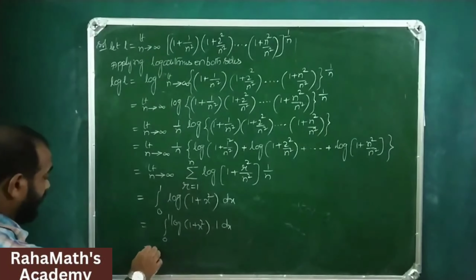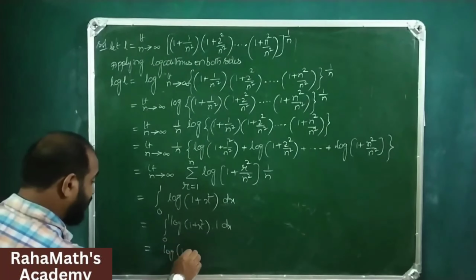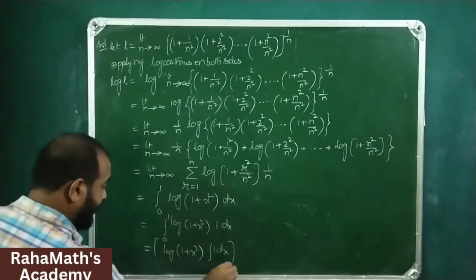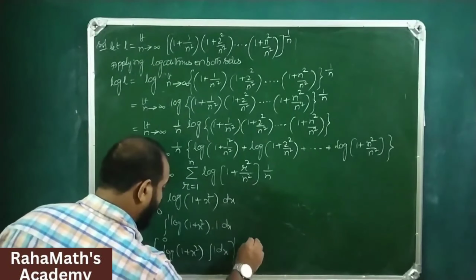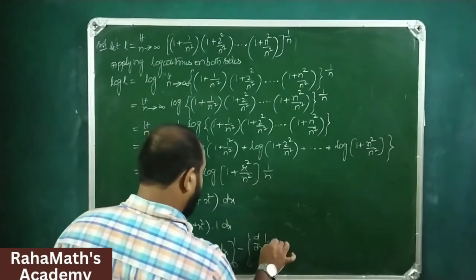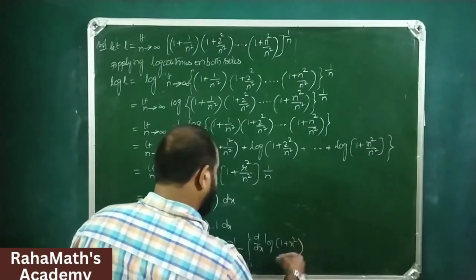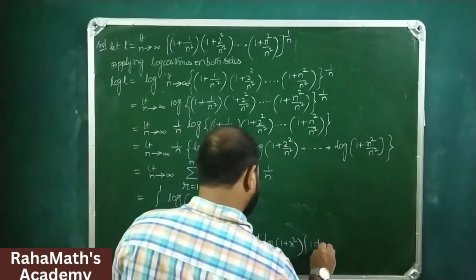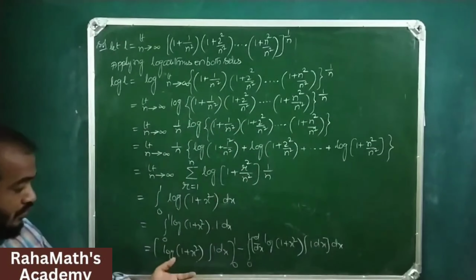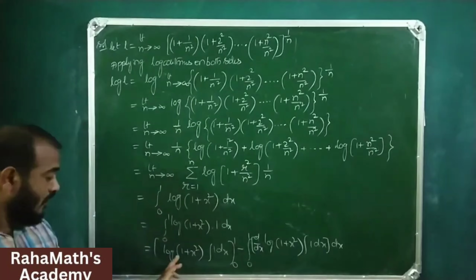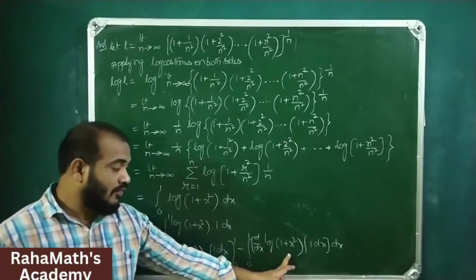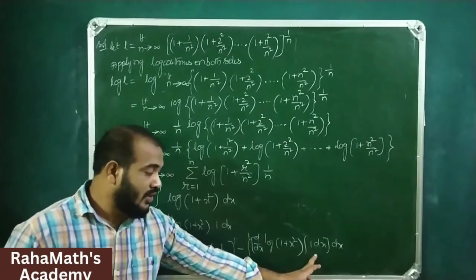We use integration by parts: first function into integral of the second function dx from 0 to 1, minus integral 0 to 1 of d/dx of the first function into integral of the second function, whole dx. That is, f(x) into integral of g(x) dx minus integral of d/dx of f(x) into integral of g(x) dx, whole dx.